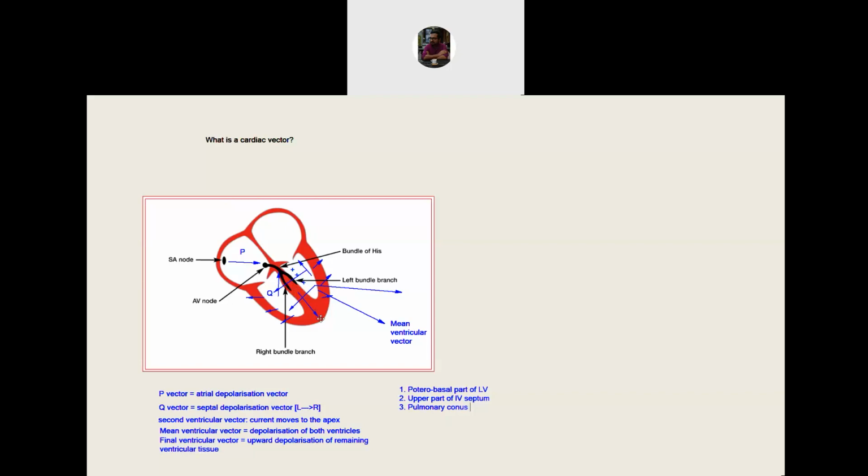Then the mean ventricular vector represents the combined depolarization of the left ventricle and the right ventricle. And the final ventricular vector moves upward, depolarizing the posterobasal part of the left ventricle, upper part of the interventricular septum, and the pulmonary conus. So these are the major average electrical vectors that depolarize the heart.